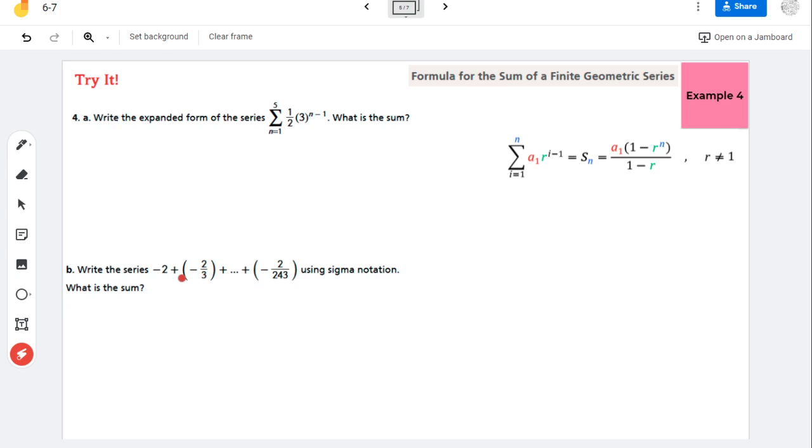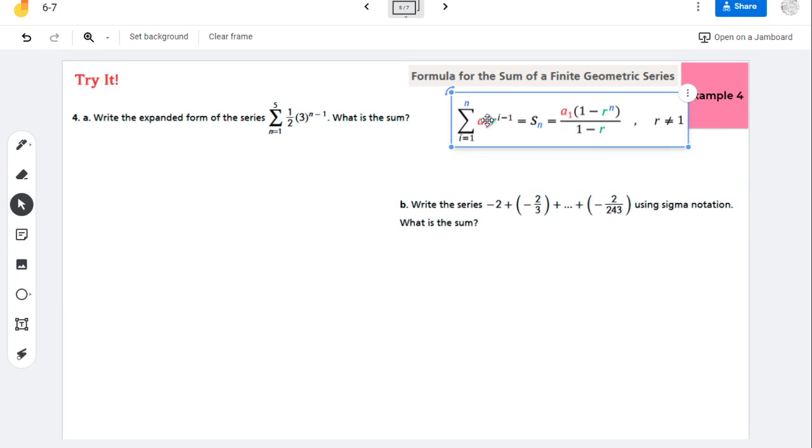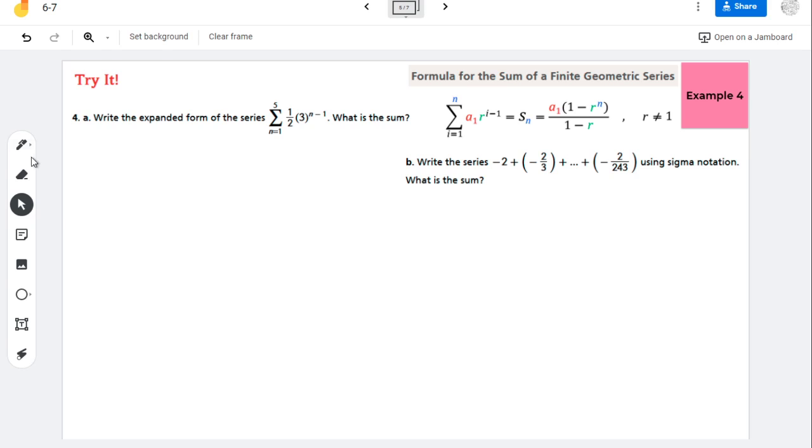All right, and it's going to have us do this bad boy twice. For the sake of space, I have the feeling I'm going to need the space, so I'm going to write it like this. Sorry for rearranging you. Alright. So first, part A wants the expanded form of the series. Now notice it goes from 1 to 5. So I want the first 5 blanks.